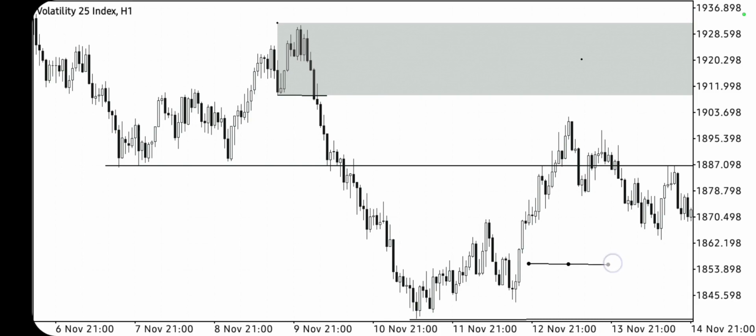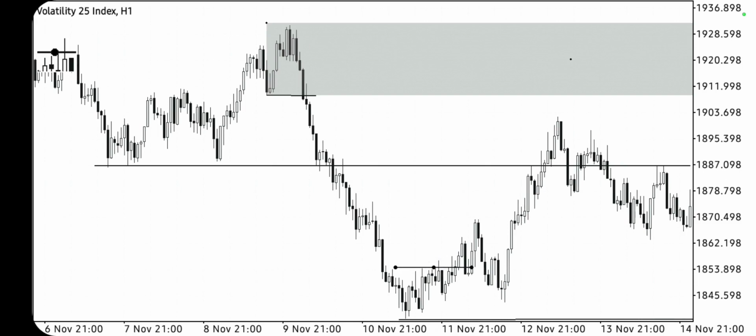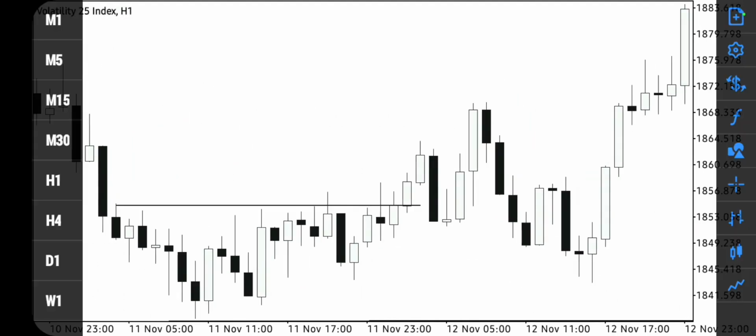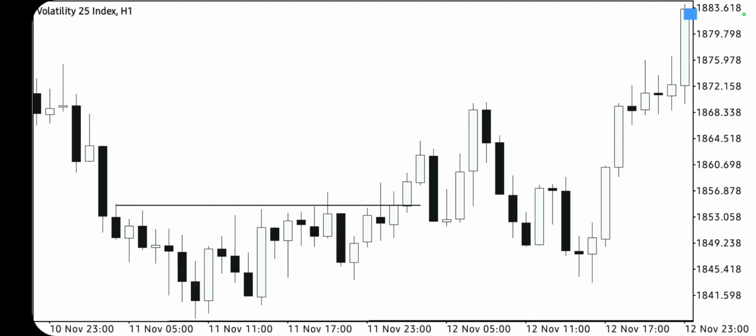So basically we had our break of structure for a retracement here. Yes, we had the break of structure for a retracement here. So your secondary POI is going to lie between this swing point and the change of character for a retracement.